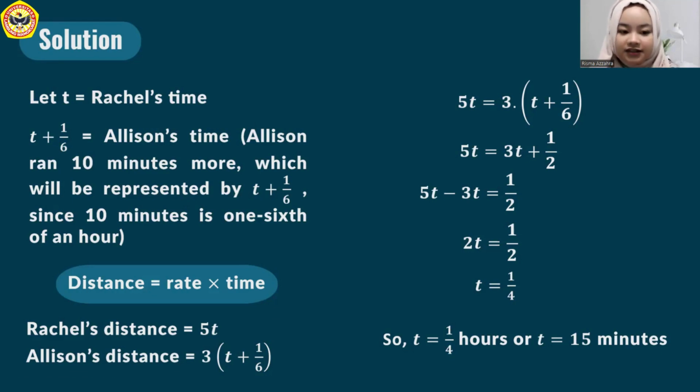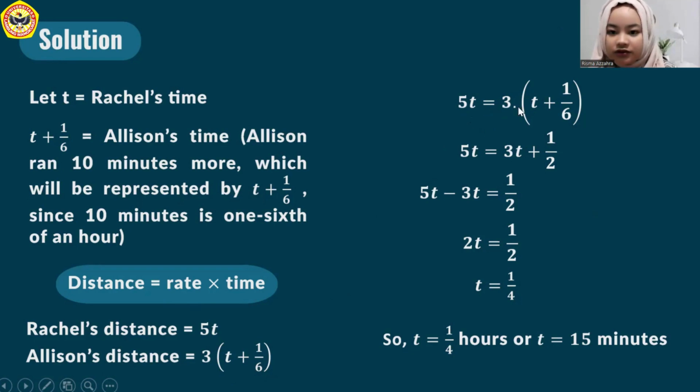Because we have distance equals rate times time, Rachel's distance is 5 times her own time, and Allison's distance is 3, because it's 3 kilometers per hour, times her time, which is t plus 1 over 6.